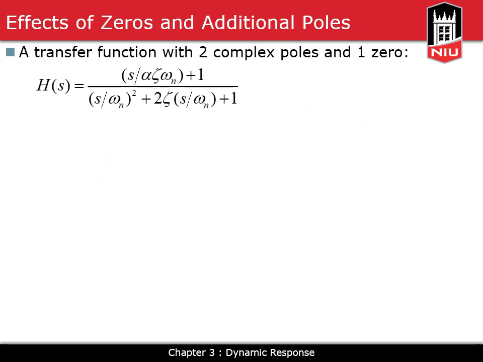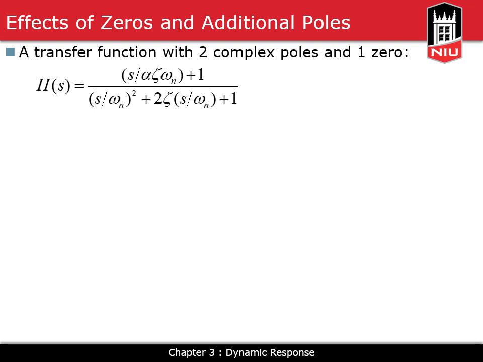So the transfer function, the standard one that we were discussing so far, only had 2 poles and no zeros. The numerator was a degree 0 polynomial, the denominator was a degree 2 polynomial. We found formulas for the specifications of the step response, but what happens if we have a transfer function which is slightly different?